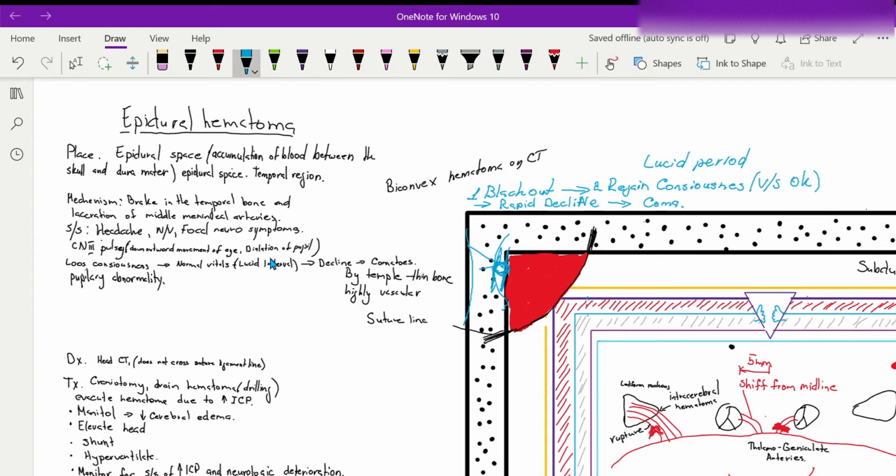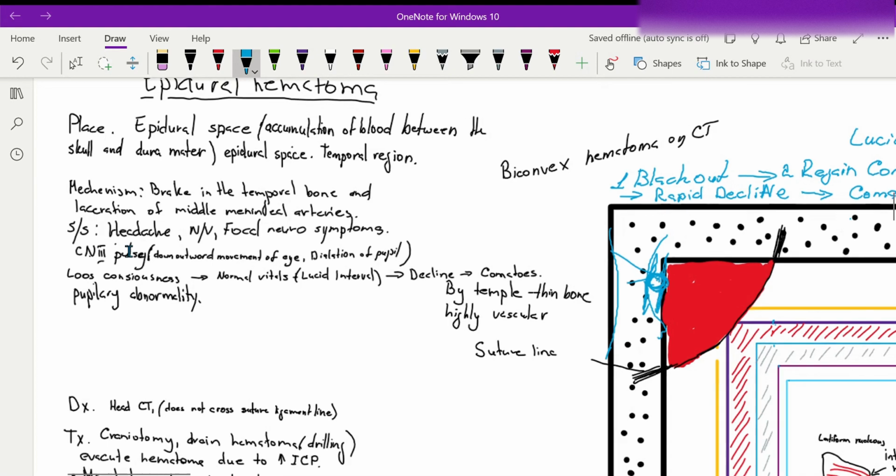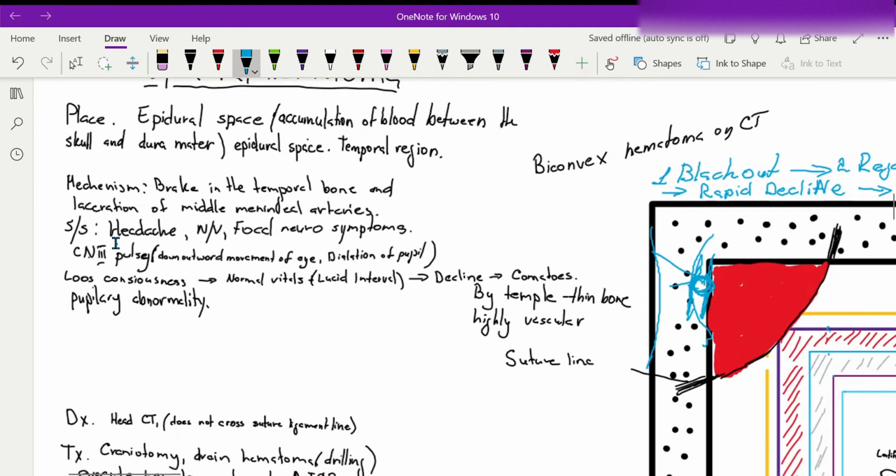Also with this type of injury, one of the symptoms may be that cranial nerve number 3 will be affected, and it affects the eye movement, and they can get cranial nerve number 3 palsy, where the eye moves downwards and outwards.